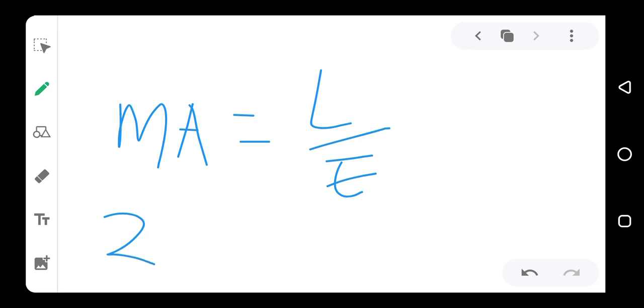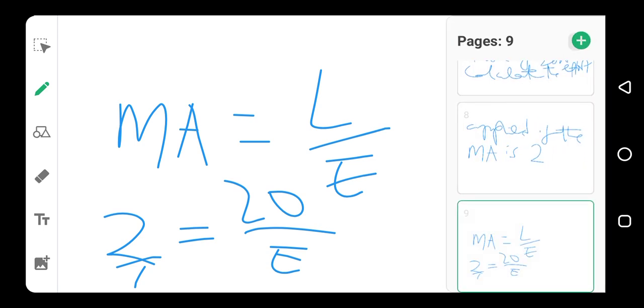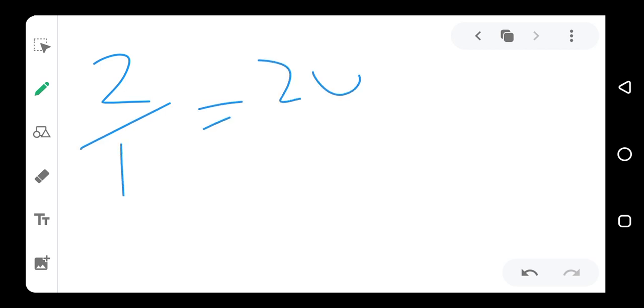So 2 is equal to our load, 20, over the effort we are looking for, E. Now we can do cross multiplication. Anything standing on its own is over 1. So we now have 2 over 1 is equal to 20 over E.